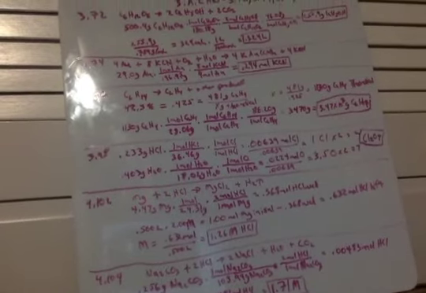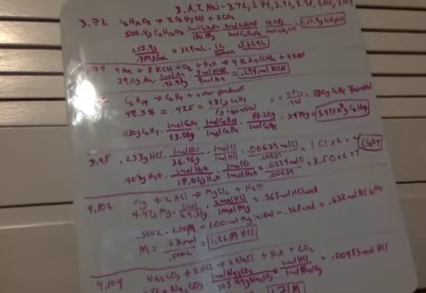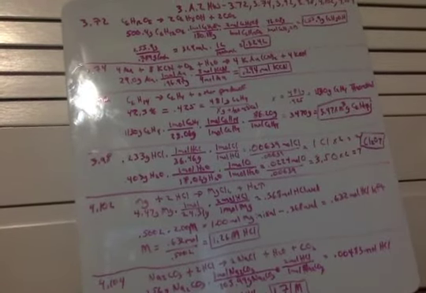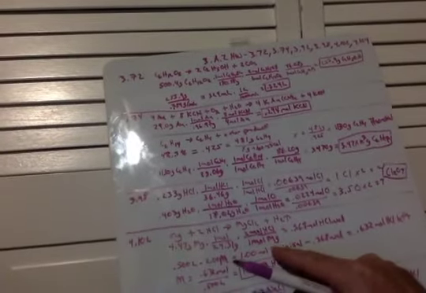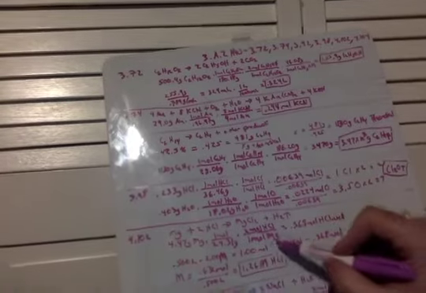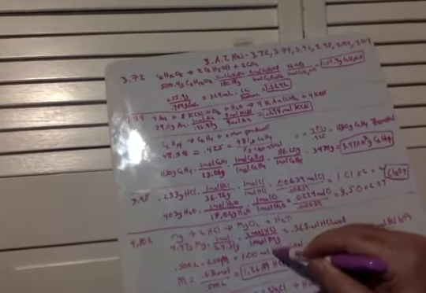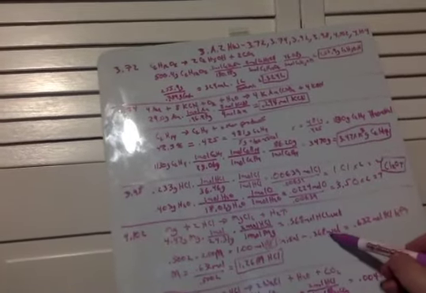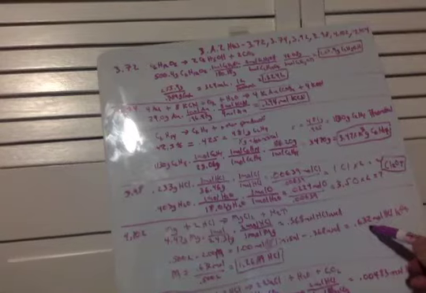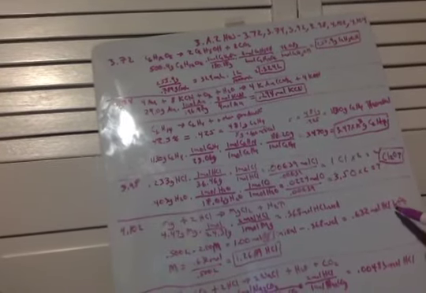You started with half a liter of 2.00 molar. Liters times molarity equals moles, so you actually start with 1 mole of, sorry, this says Mg, it should say HCl. 1 mole HCl initial minus 0.368 moles used leaves me with 0.632 moles of HCl left.